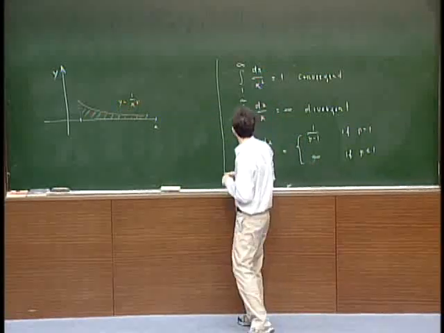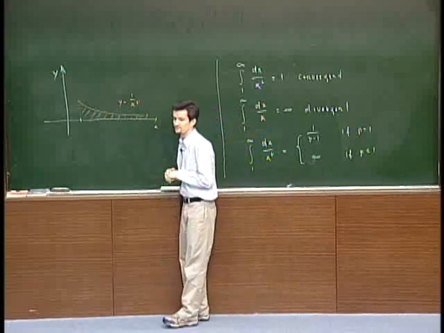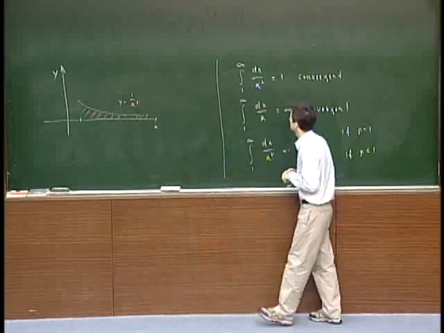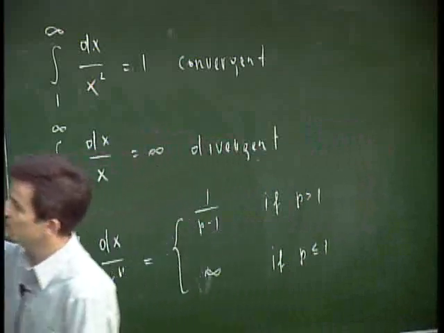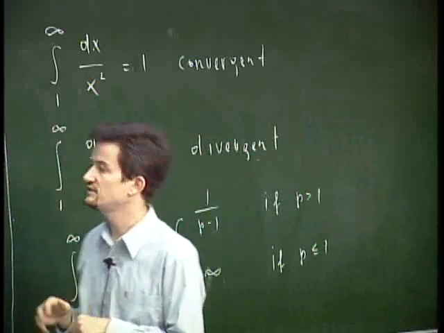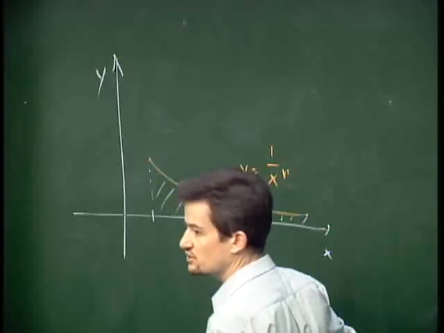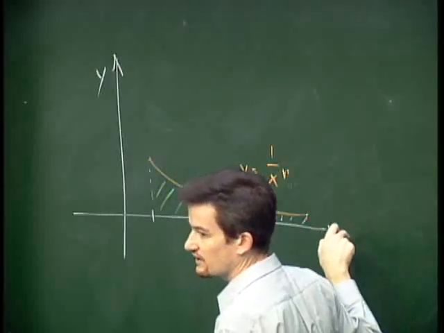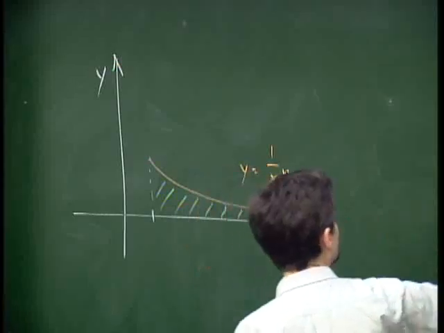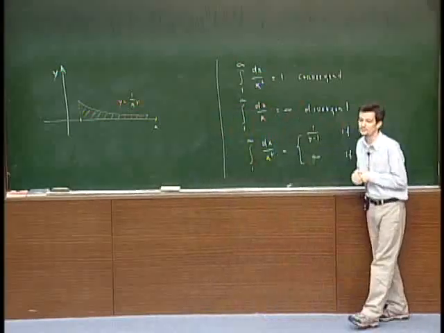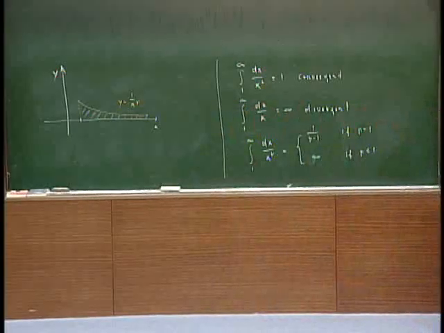If the speed of convergence to 0 is not fast enough, then this symbol is not going to exist. And of course, if you consider a function which does not tend to 0 as x tends to infinity, this symbol clearly will not exist for such functions.